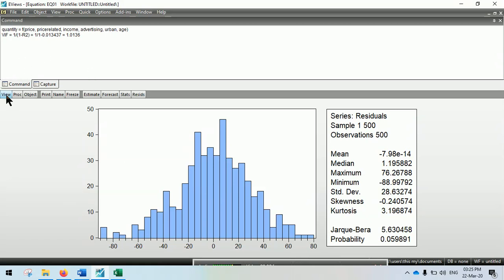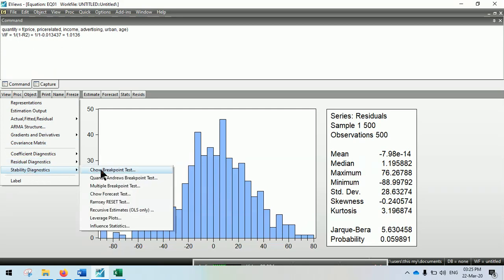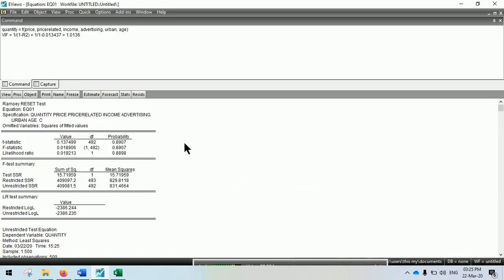Then the last one will be checking for the model specification. View, then here I go stability diagnostic and click on Ramsey RESET. So I put OK, and you can see here the probability is above 0.05.